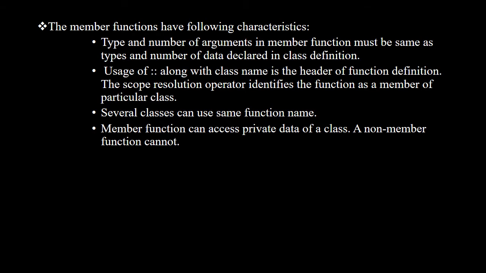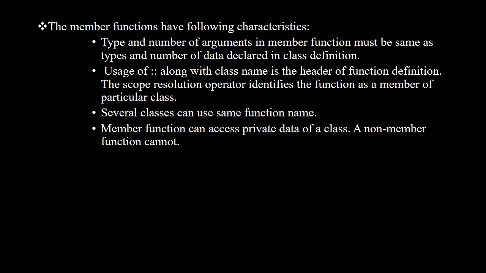Let us see the characteristics of member functions when you define them outside the class. The first one is the type and number of arguments in the member function must be the same as the type and number defined in the class. Another one is use the scope resolution operator to define the member functions outside the class.